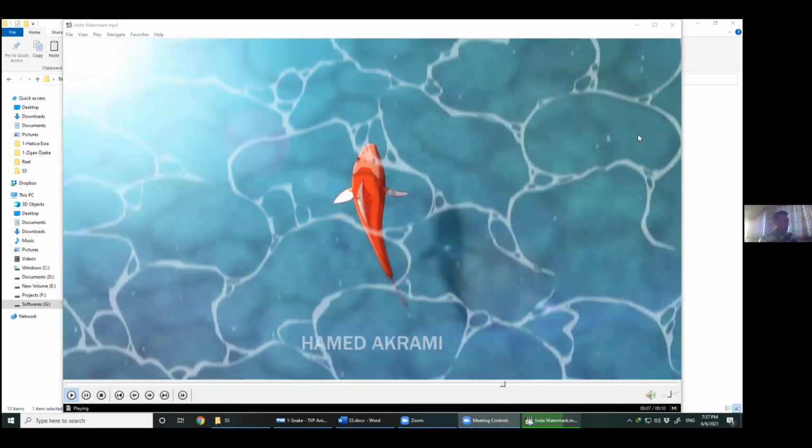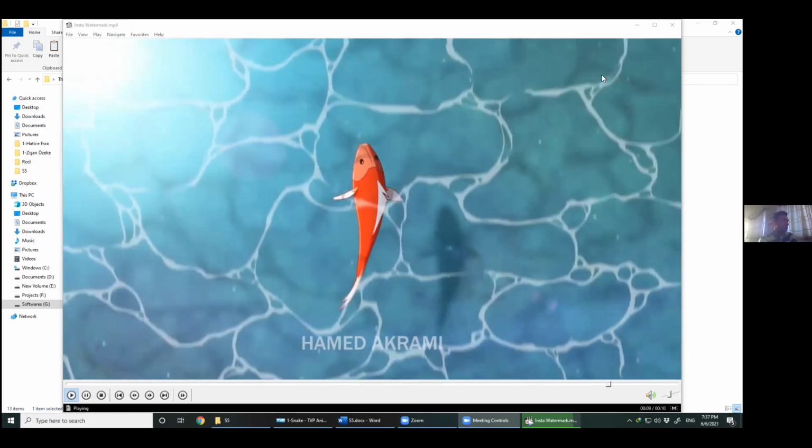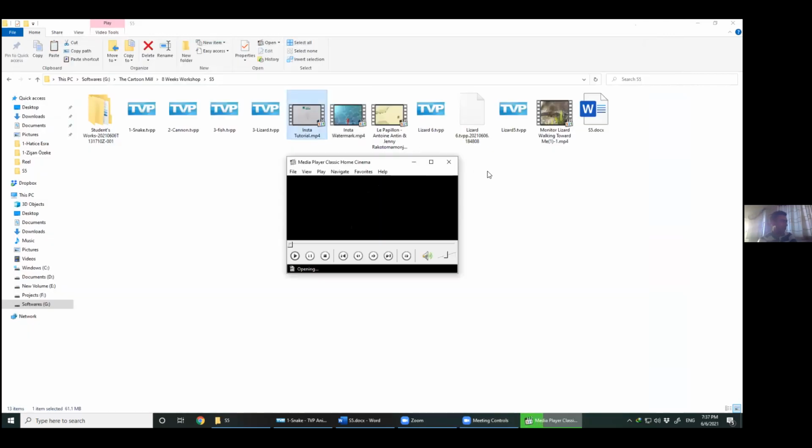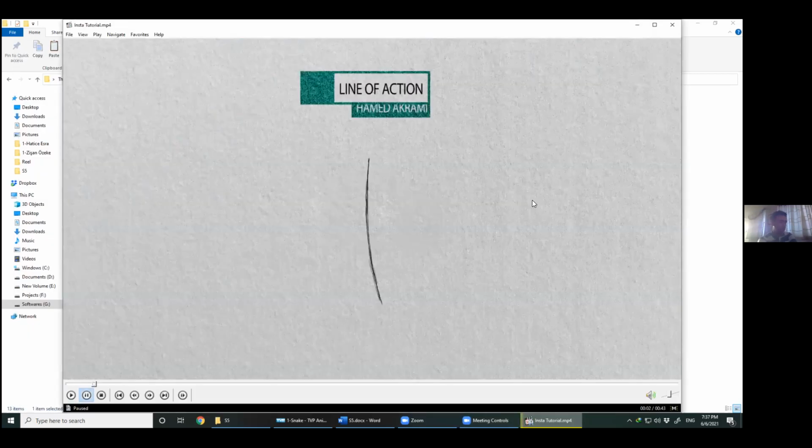Okay, let me show you. Look at this one. If you can animate this line correctly, you would be able to animate the fish cycle.